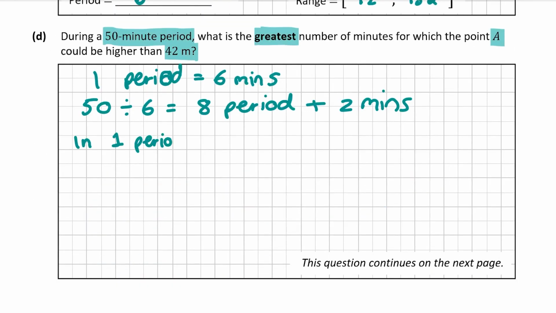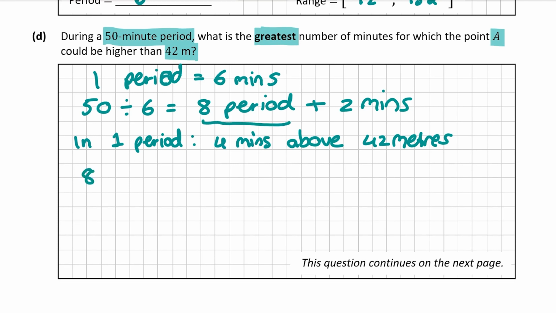So in one period, 4 mins above 42 meters. So how many minutes would it spend above 42 meters in 8 periods? So 8 multiplied by 4 is 32 mins in 8 periods. So it's 32 mins above 42 in 48 minutes, okay, because that's 8 periods.